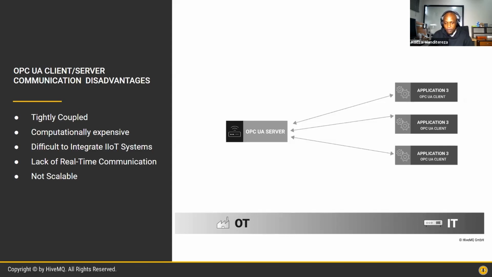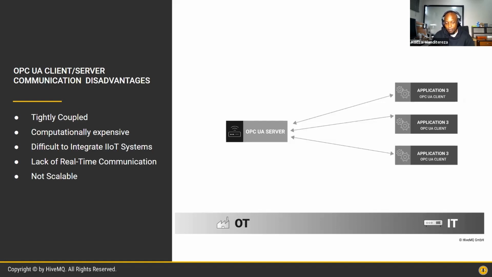And yet, we know that for applications such as predictive maintenance, you need to be able to retrofit your machines with tiny sensors that transmit data to the cloud. So that becomes a challenge as far as integrating those tiny sensors to the cloud using the OPC UA client-server model.